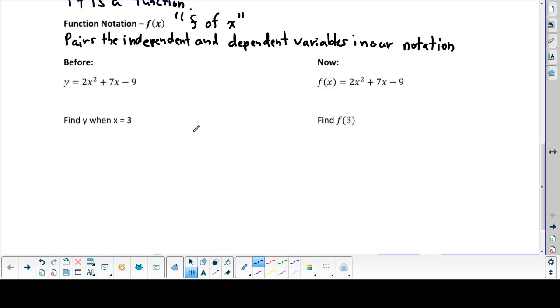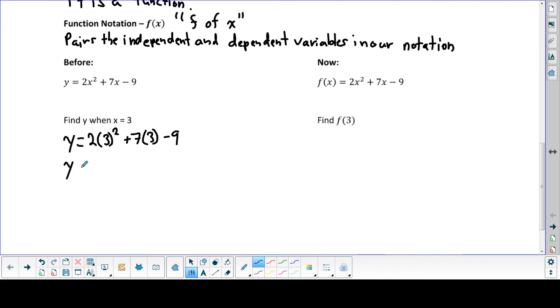Okay, so let's do these two sections here. This is how we used to do a question. We would say something like this, y equals 2x squared plus 7x minus 9. And then we might have a question like, find y when x is 3. And let's go through that. So we might say, well, then y is going to equal 2 times 3 squared plus 7 times 3 minus 9.